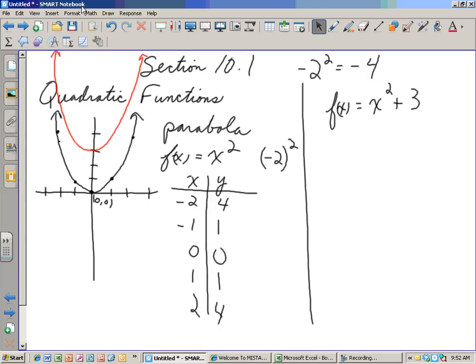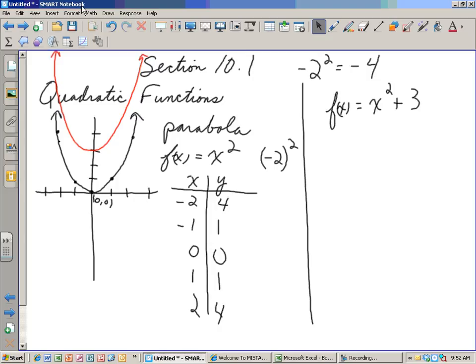The second thing I want you to do is go to your Zoom, the third button on the top row. Especially with my calculators, because the other classes use them, they will change the window. What we want is a standard window, so we scroll down to number 6, which says ZStandard.